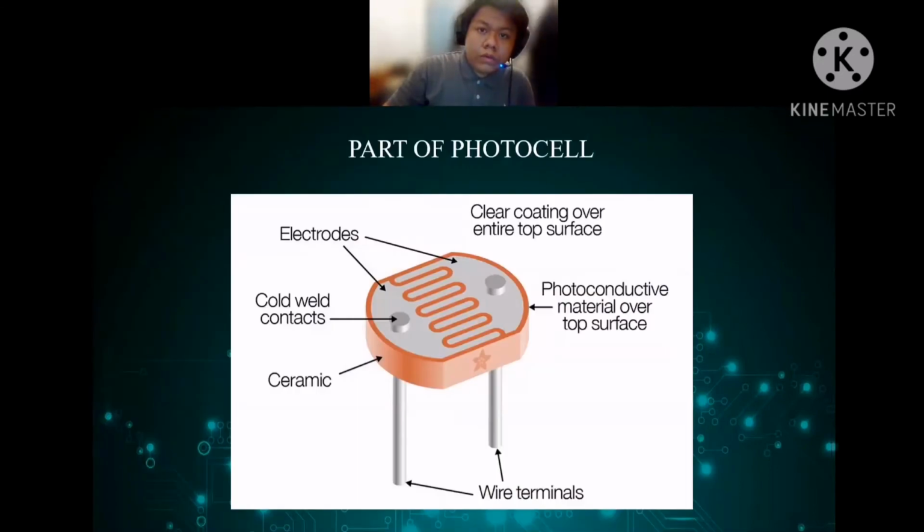Okay, now we go to the parts of the photocell. The photocell has a ceramic material at the body, and at the surface has an electrode, photoconductive materials, and a clear coating over the entire top surface.